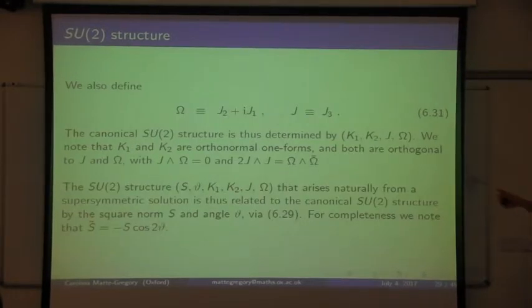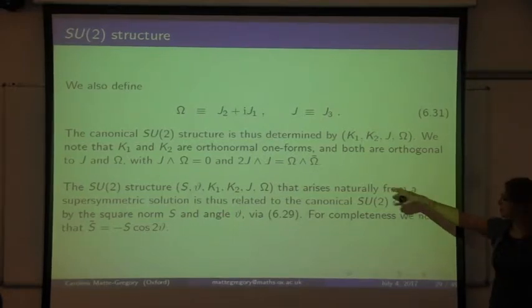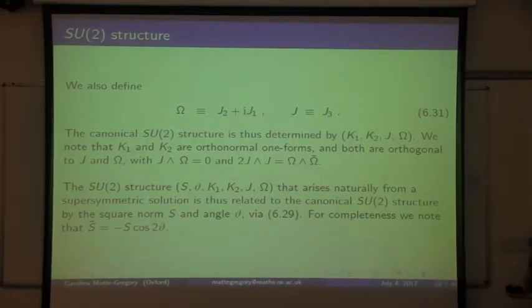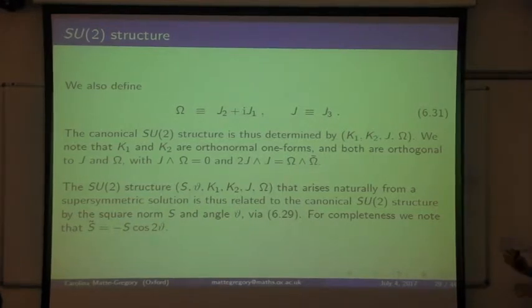With this, you can also define J equals J3, and Omega equals J2 plus iJ1, the complex structure. So this is my canonical SU(2) structure, and it's defined by this. In particular, I have these conditions on Omega and J, and these are actually my volume forms on the four-dimensional space that I have. That is my CP2, up to this point at least. So we constructed this SU(2) structure.